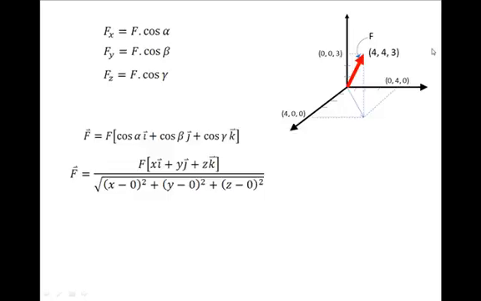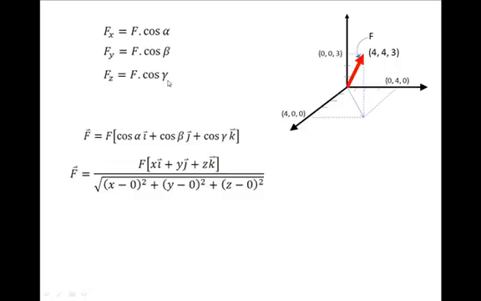Now, you see this force x component will be Fx, and that will be equal to F cos alpha if this force is inclined at alpha degree to x-axis. Similarly, y component of this force will be F cos beta if corresponding angle with y-axis is beta, and similarly z component is F cos gamma.